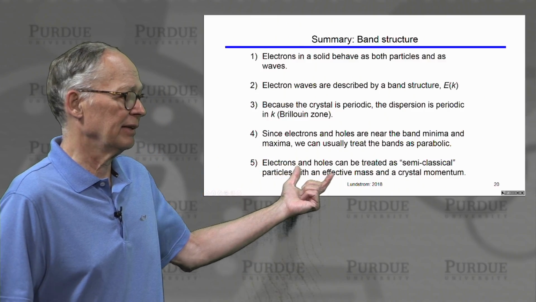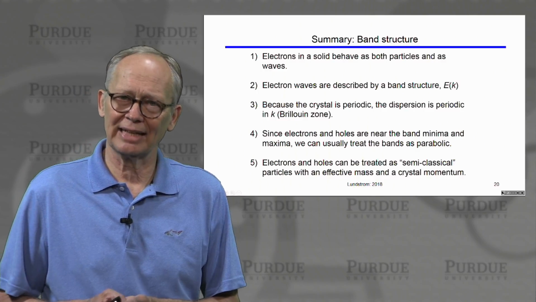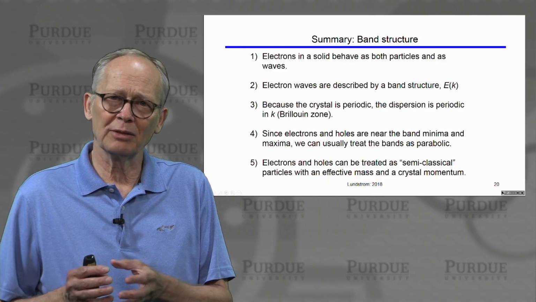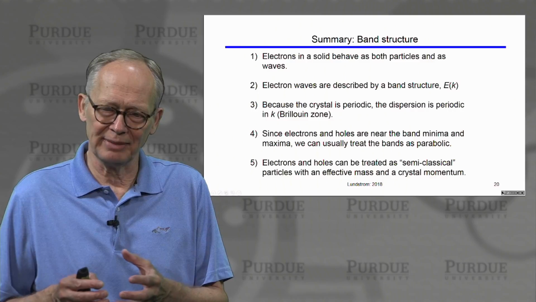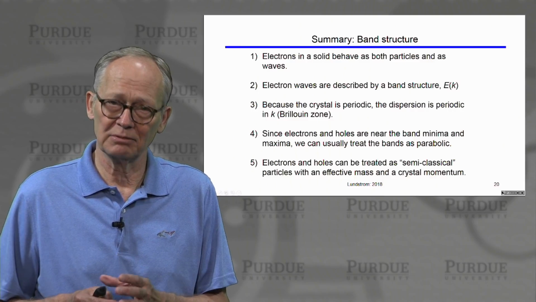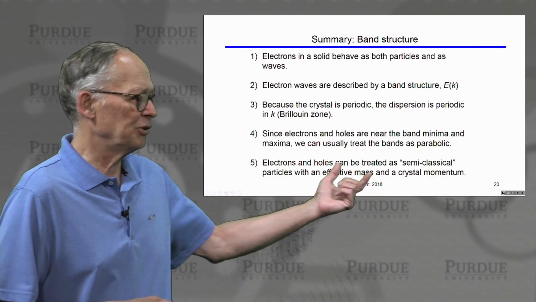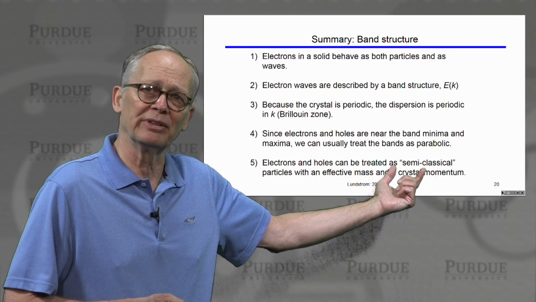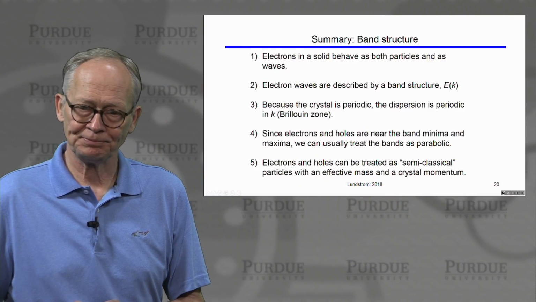We can then treat electrons and holes as semi-classical particles, with the quantum mechanics that alters the effective mass included just by using an effective mass, and by treating the crystal momentum as though it were the actual momentum of a particle.